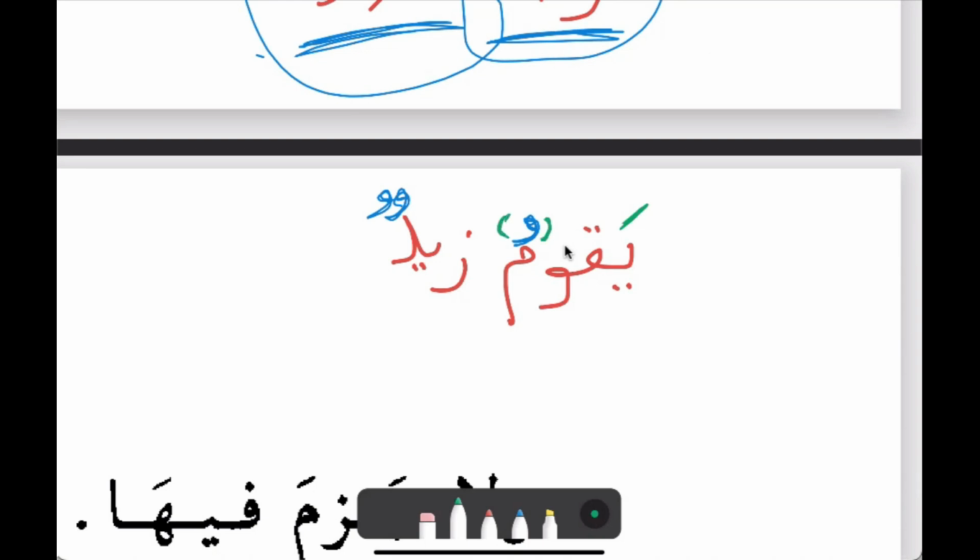It is marfu' لِتَجَرُّدِهِ عَنْ nasibin or jazim. It's marfu' because it is devoid of anything that would make it mansub or majzoom. So it's going to be marfu'. Yani, it's in its default state. This verb is in its default state.